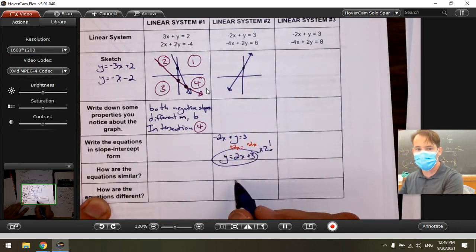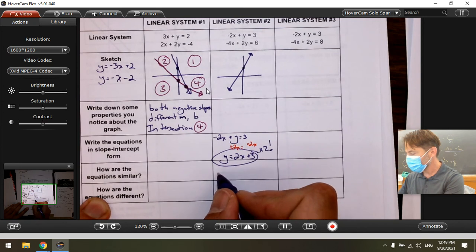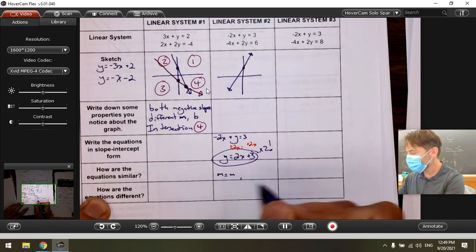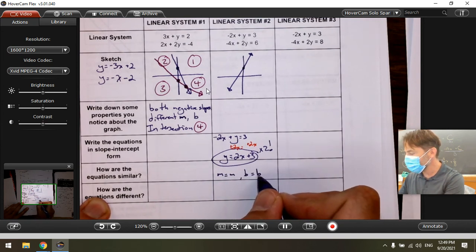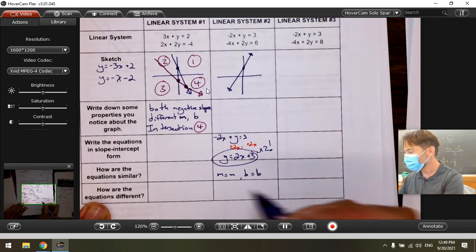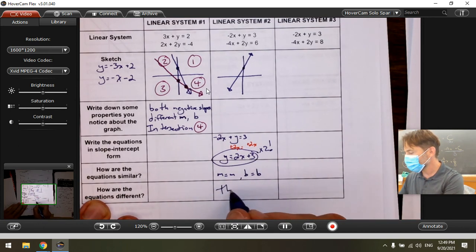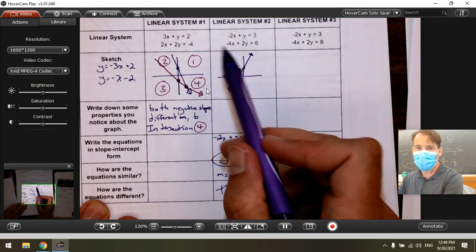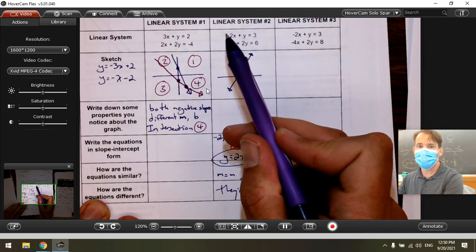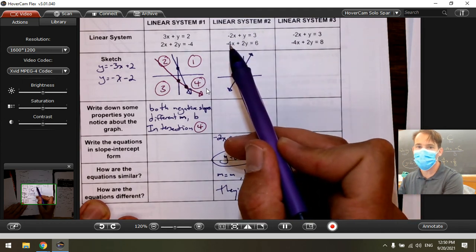How are the equations similar here? m equals m and b equals b. Therefore, they're the same. Maybe it was hiding from us here because they were in standard form and this one wasn't reduced yet.